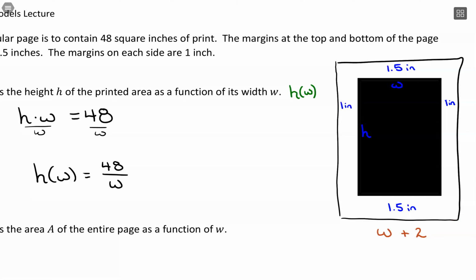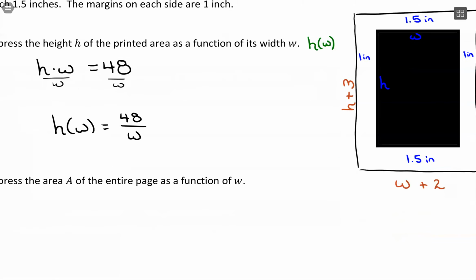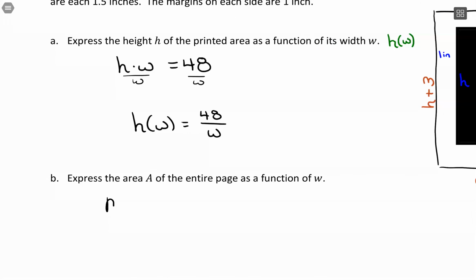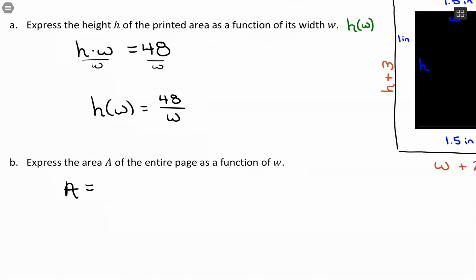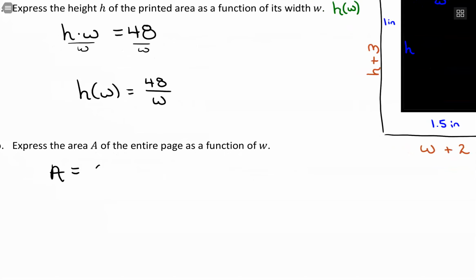And for the height of the page, I have 1.5 inches plus H plus 1.5 inches, so H plus 1.5 plus 1.5, which is H plus 3. For area, we would take height times width, so H plus 3 times W plus 2.